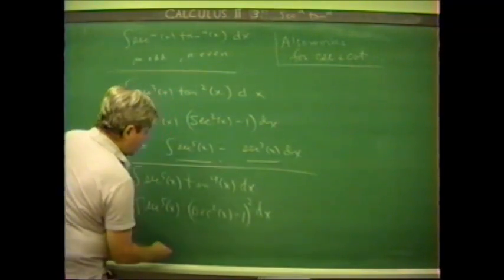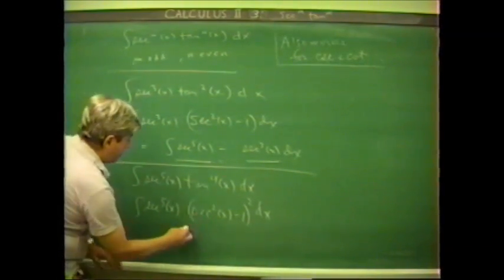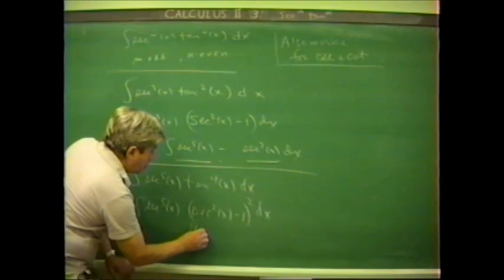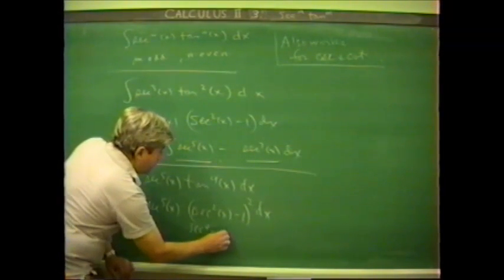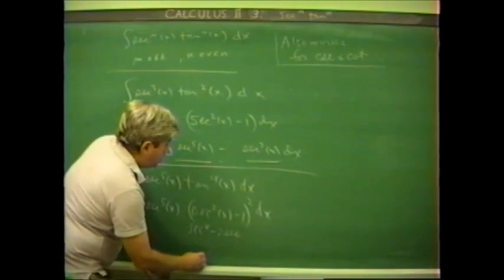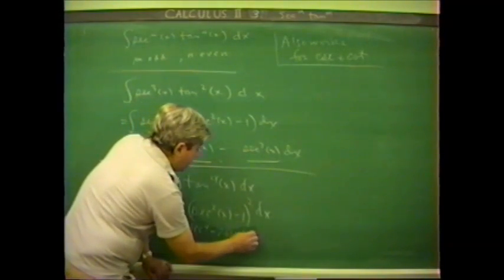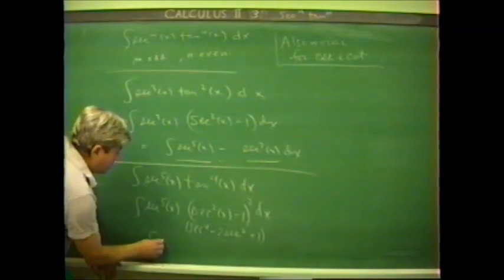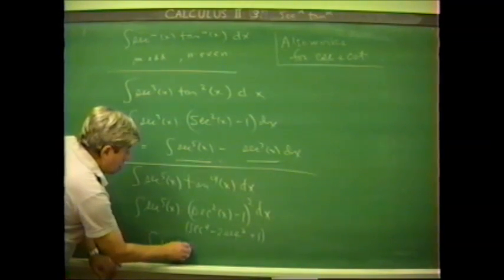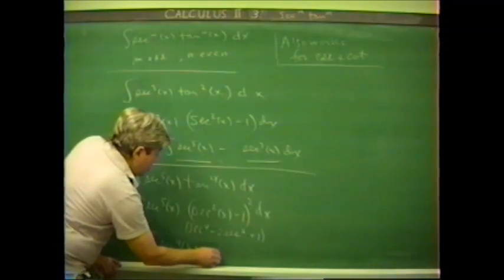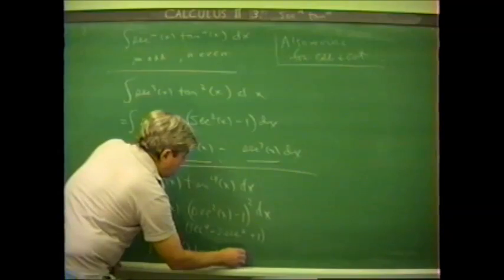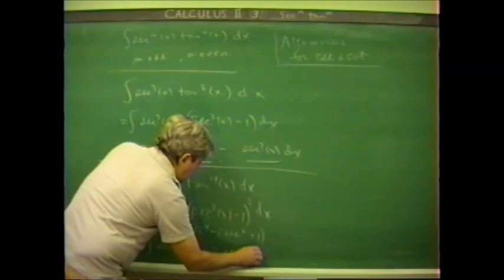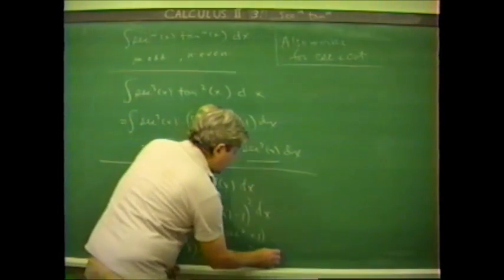This gives us secant squared, secant to the fourth minus 2 secant squared plus 1. So when we multiply this out, we're going to end up with secant to the ninth minus 2 secant to the seventh plus secant to the fifth.